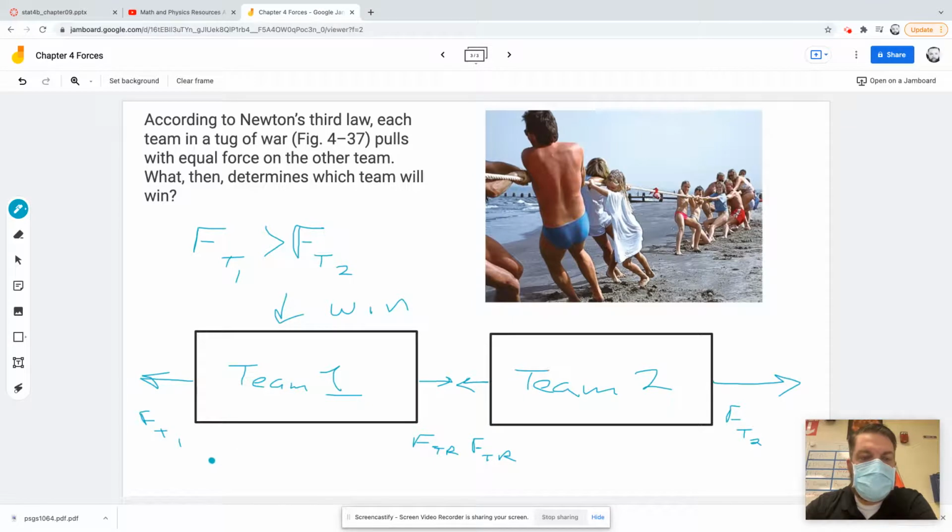Now, I should point out another thing: Ft1 minus FTR, the tension of the rope, that's the net force.